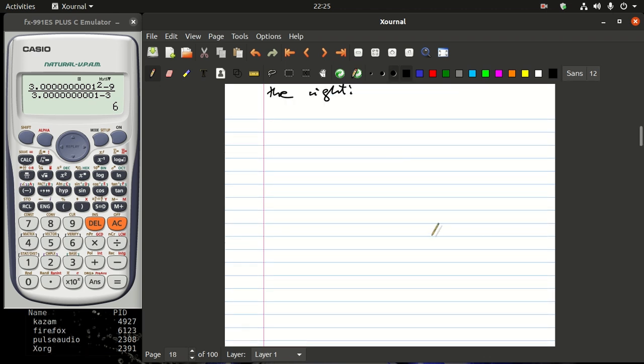Now, what is important about the left hand and the right hand limit is this.